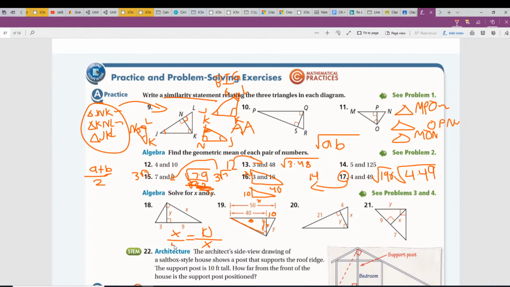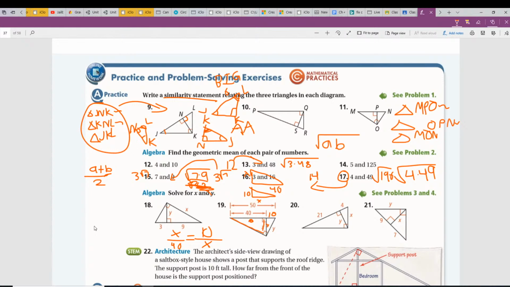Now this situation which we have right here is where we use the property of geometric mean. The geometric mean of 10 and 40 would basically solve x. The geometric mean of 10 and 40 is what we are solving for.